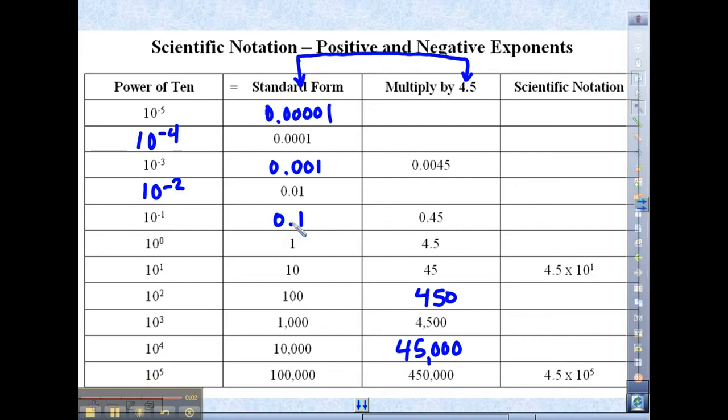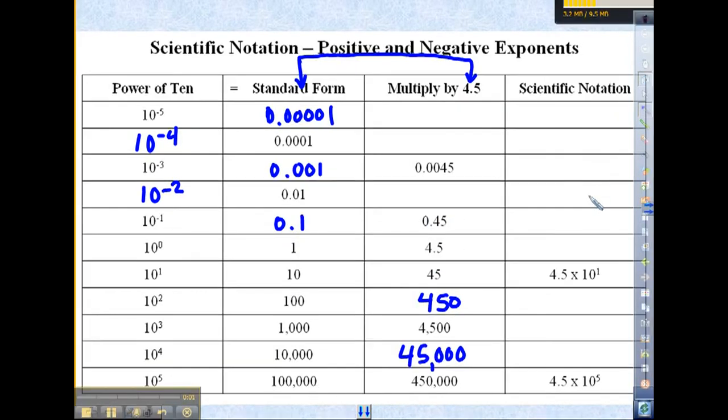If I take 4.5 and multiply by 0.1, I get 0.45. Okay, let's continue to follow our pattern. If I take 4.5 and multiply by 0.01, I get 0.045.